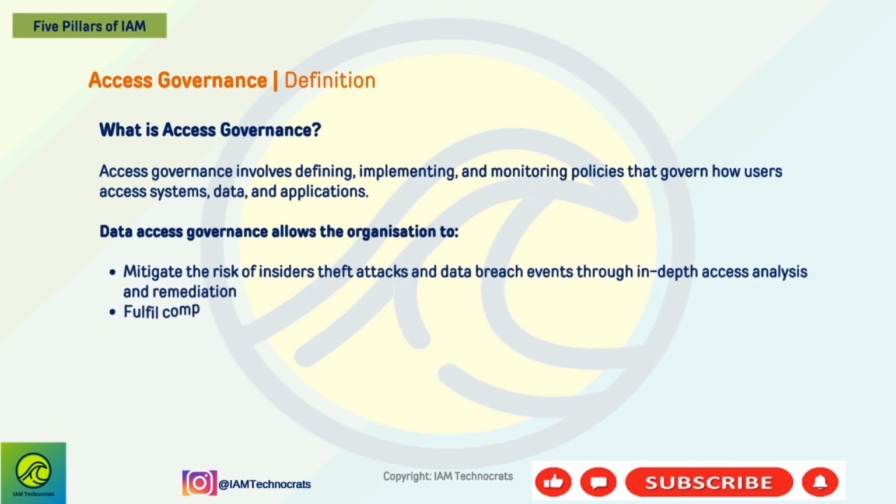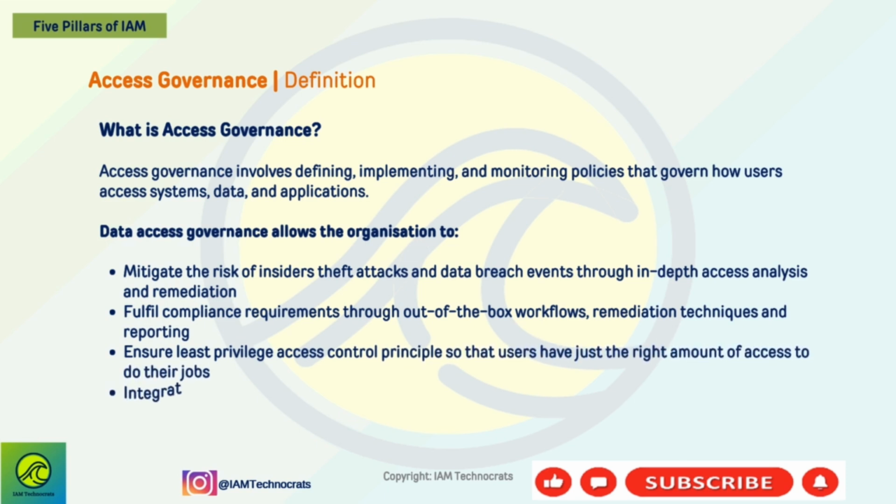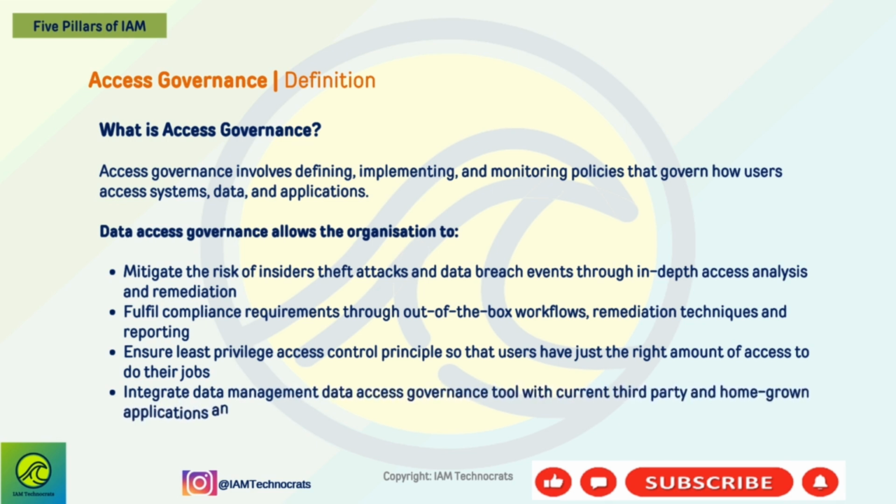Data access governance allows the organization to mitigate the risk of insider theft, attacks, and data breach events through in-depth access analysis and remediation. Fulfill compliance requirements through out-of-the-box workflows, remediation techniques, and reporting.